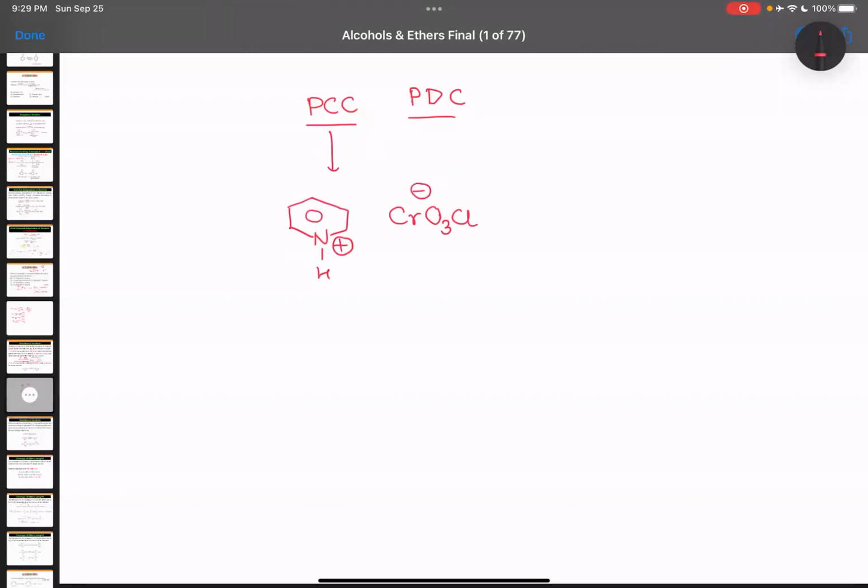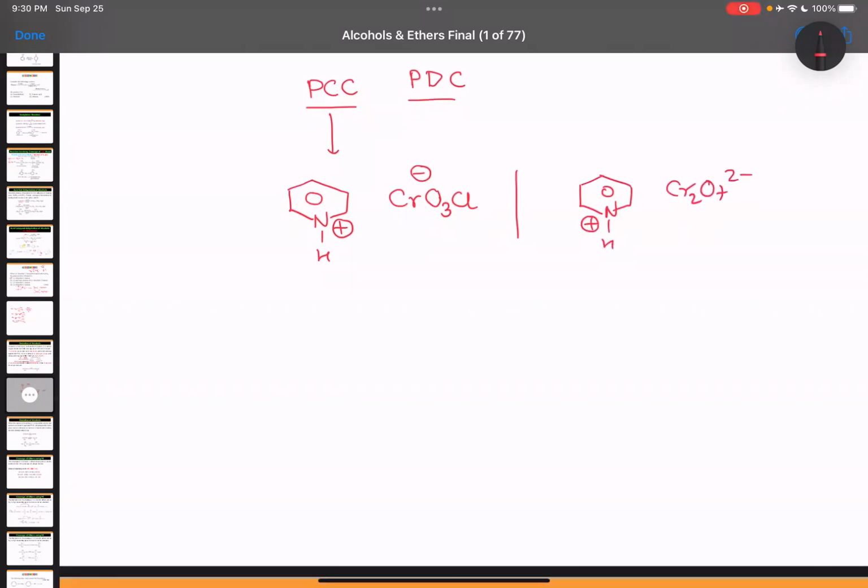Okay, so this is chlorochromate and this is pyridinium. Similarly, that is pyridinium dichromate, Cr2O7 2 minus, right? That is oxidation. Okay, these are mild oxidizing agents. Clear? Yes, sir.